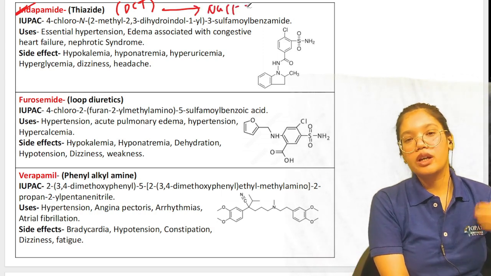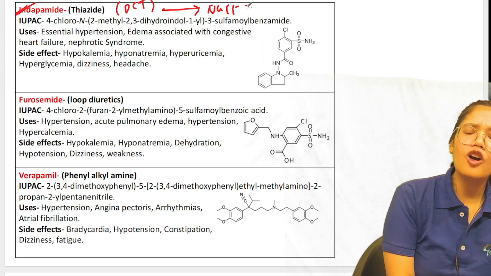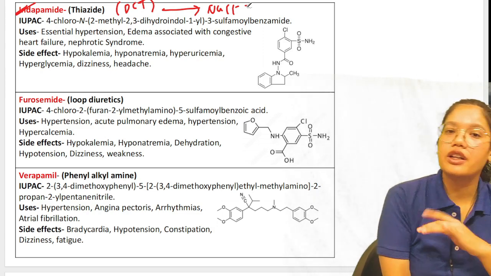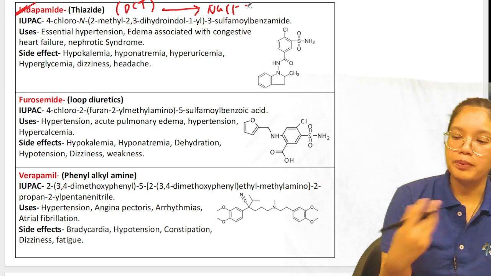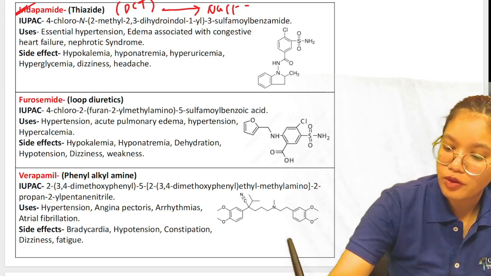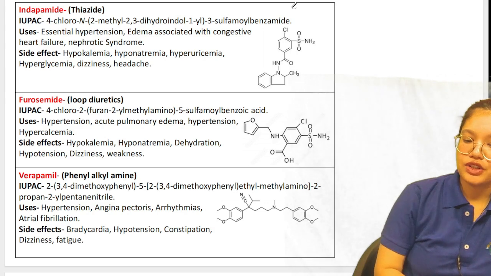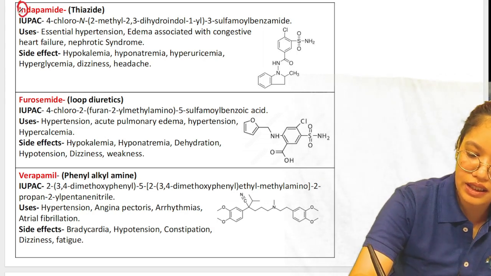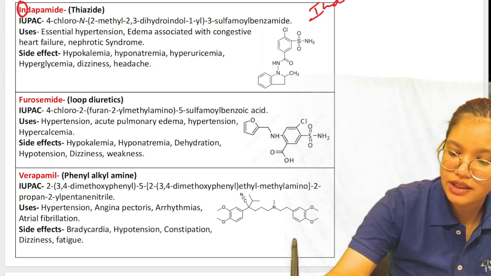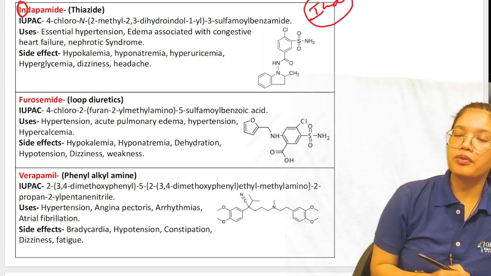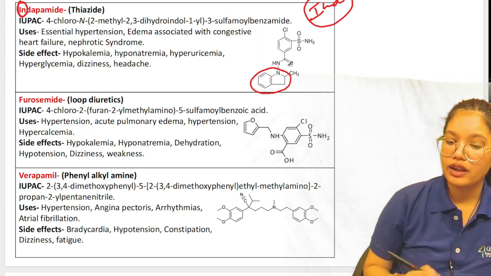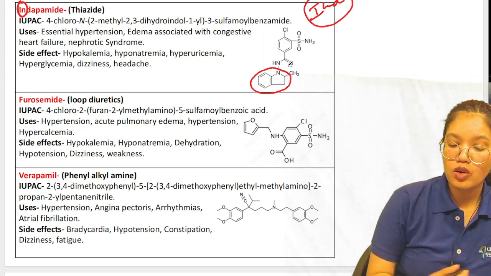So the sodium and chloride, along with some other electrolytes too, are not reabsorbed by our body. So from the name, if we discuss the structure, we can say ind at the starting. So from ind we can remember that this structure has an indole ring in its structure along with the amide.